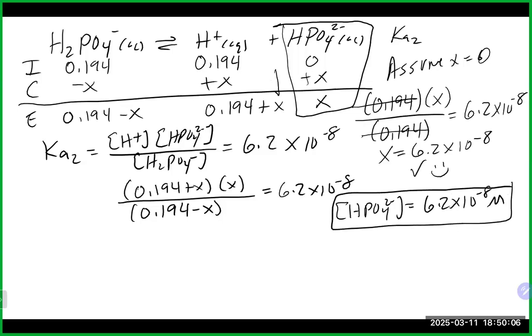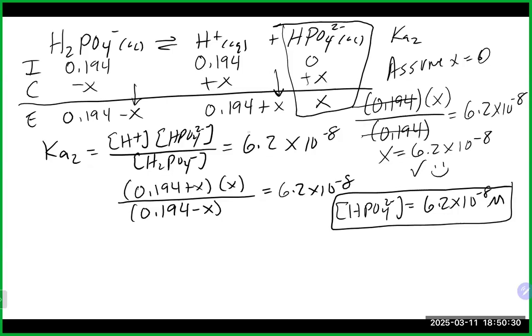What happens when I put that 6.2 times 10 to the minus 8 in for x in each of these locations? Does the number change? It does not. You can trust me. You can do it. You have a calculator. So you can put that number in. Take 0.194 plus 6.2 times 10 to the minus 8. You've got 0.194 still staring at you on your calculator.